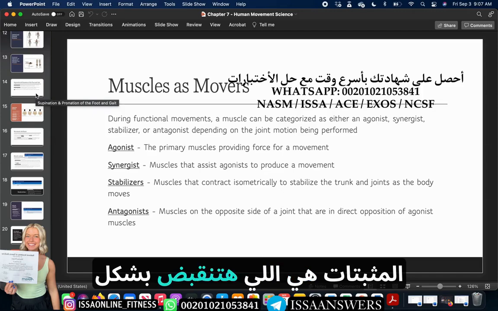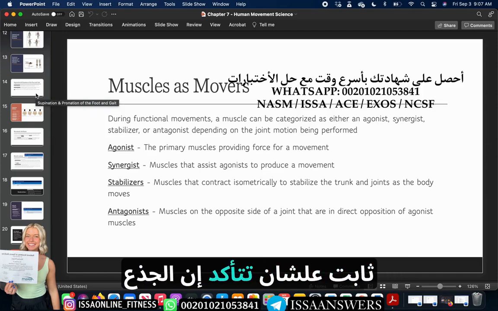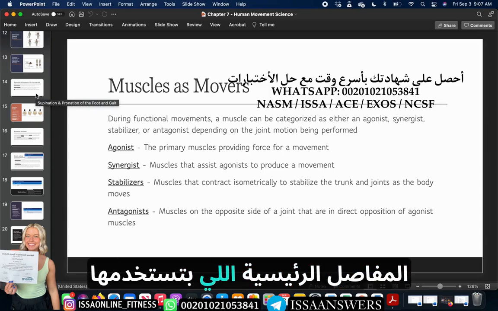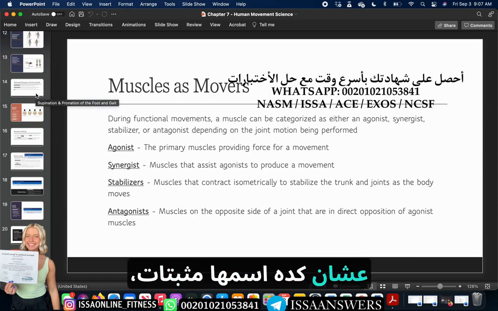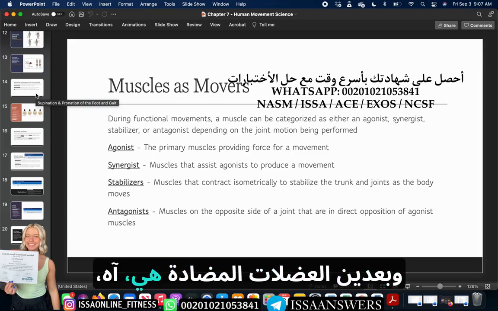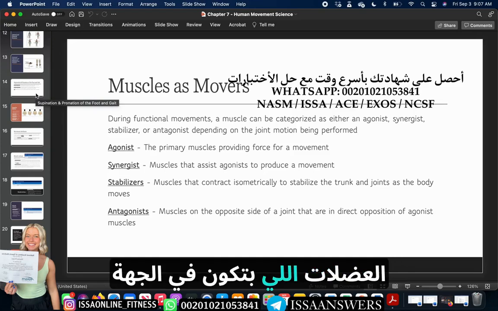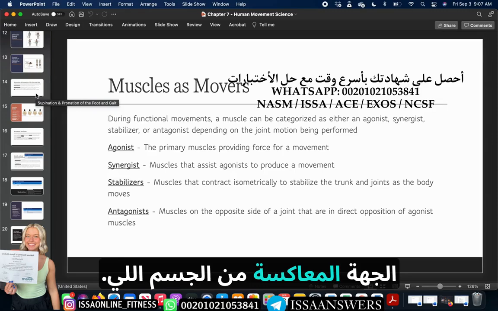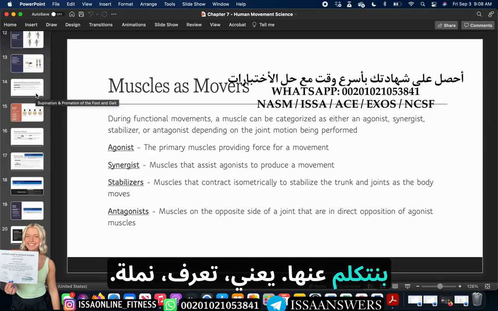Stabilizers are those that are going to contract isometrically to make sure that the trunk and the main joints you're using are stabilized, hence stabilizers, as the body moves. And then antagonists are the muscles on the opposite side of the body, the opposite joint way, that we would talk about.